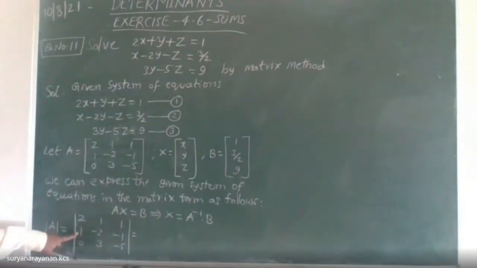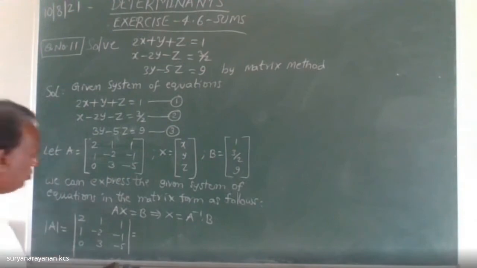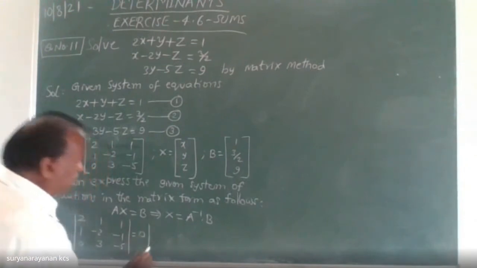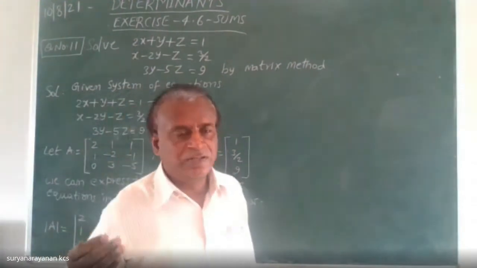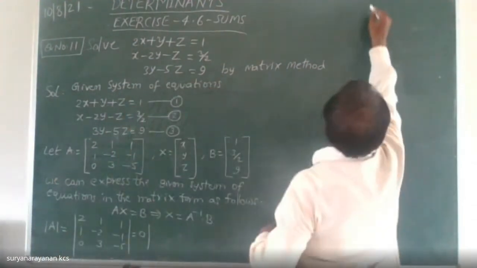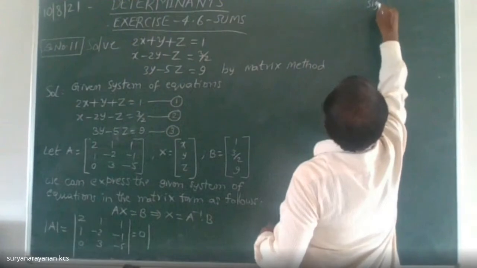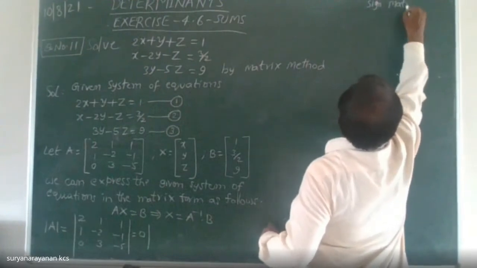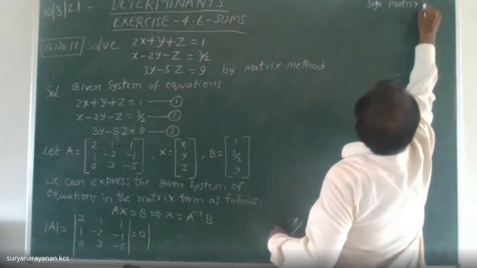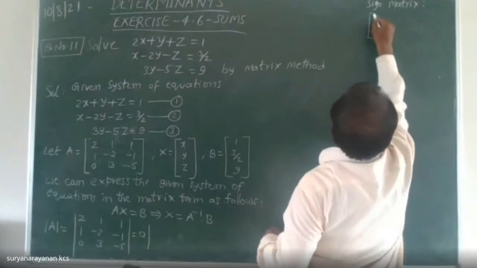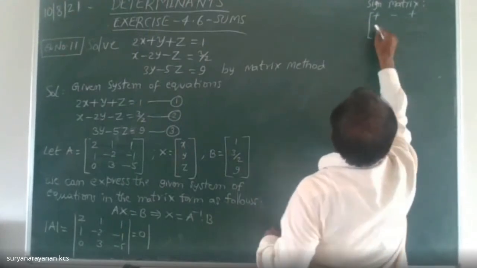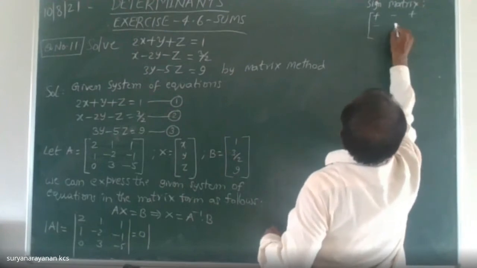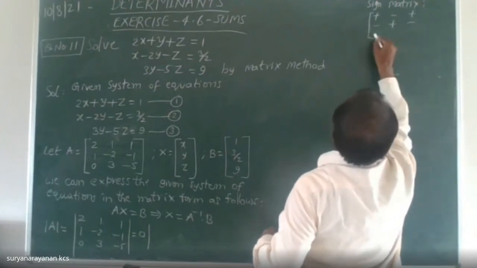So plus, minus, plus. So 0 into... You have to remember the sign matrix also, my children. Sign matrix: plus, minus, plus; minus, plus, minus.